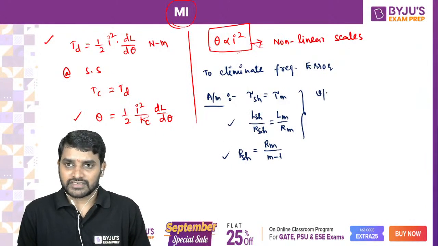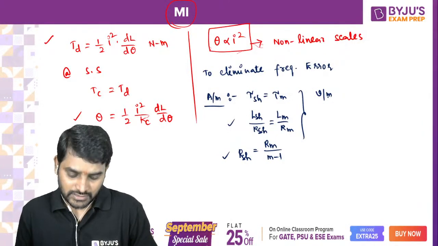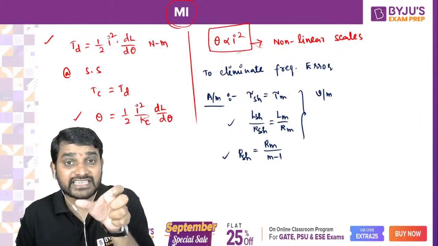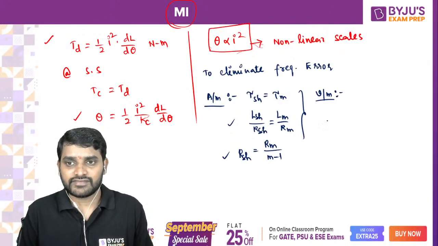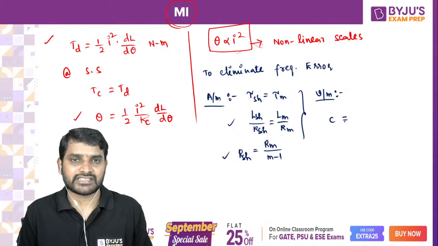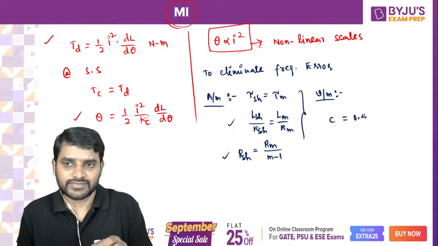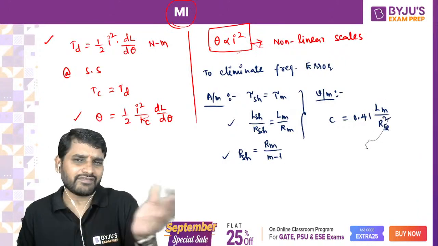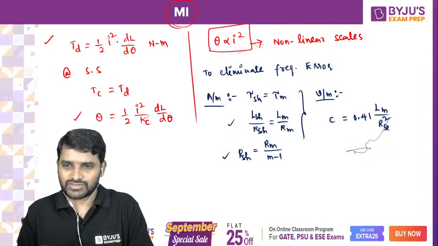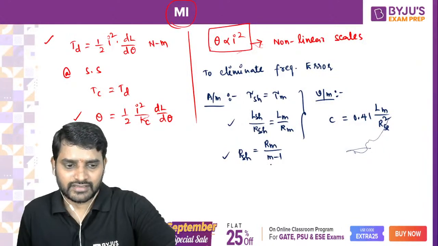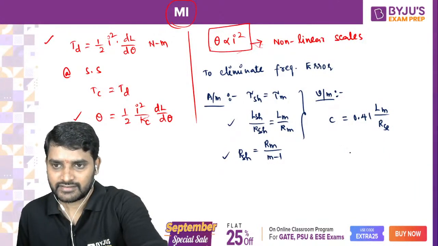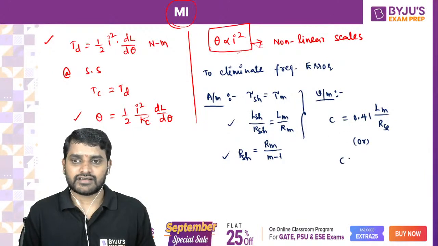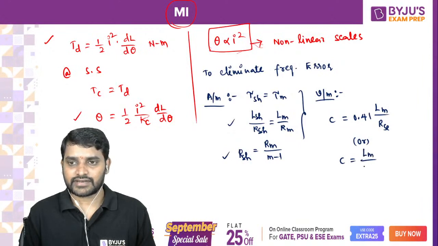Coming to the voltmeter, in order to eliminate the frequency errors, we take the help of a capacitor. In the voltmeter we place a capacitor, and practically the capacitor value is 0.41 times Lm by Rsc square, or theoretically you can take it as Lm by Rsc square.